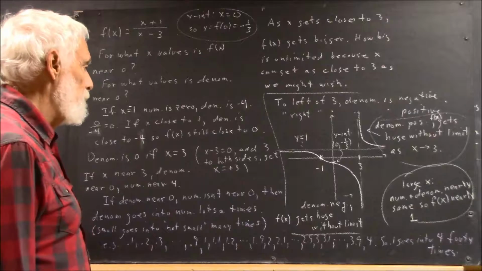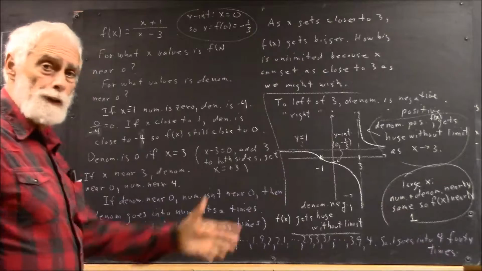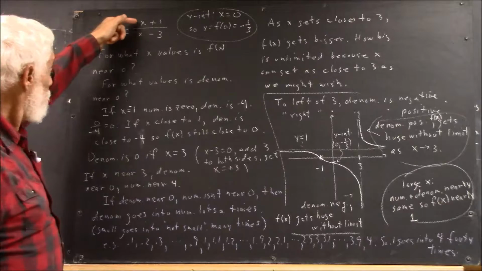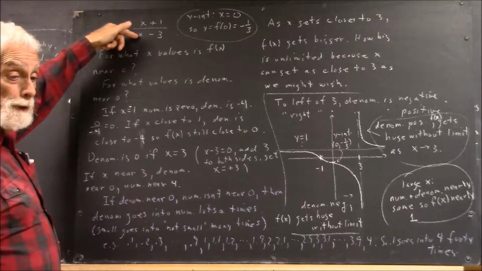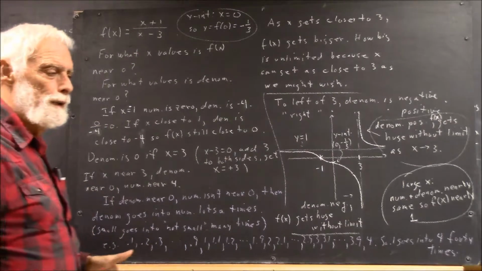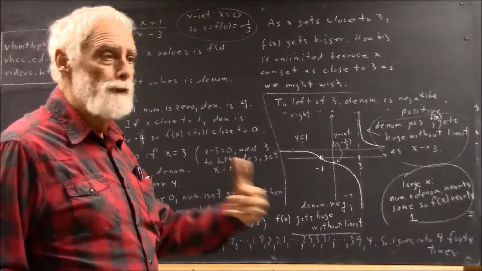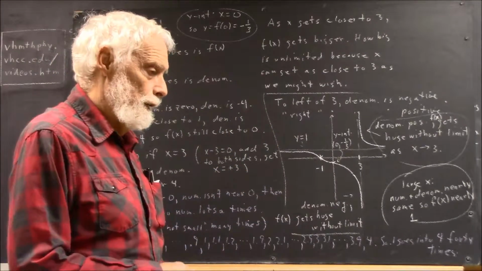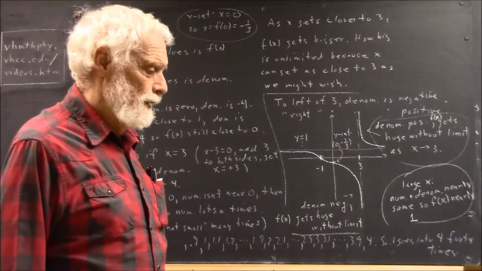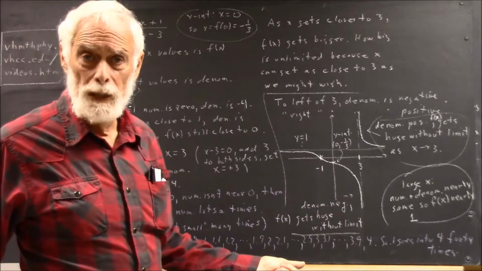we consider what happens if x is very large. Okay? In the example I use, if x is 100, then the numerator here would be 101, the denominator would be 97. Now, if somebody offered to give you $97 and somebody half a mile away offered to give you $101, well, you'd be happy to get either, and you'd be about equally happy, wouldn't you?